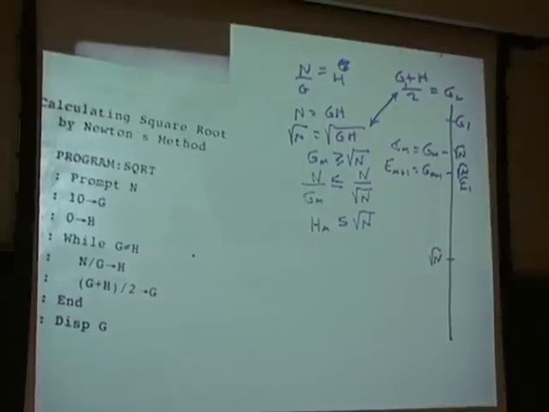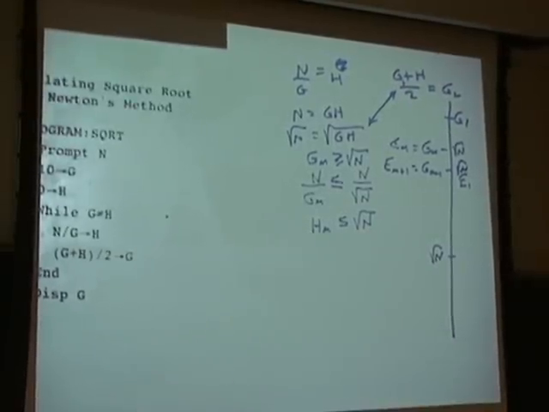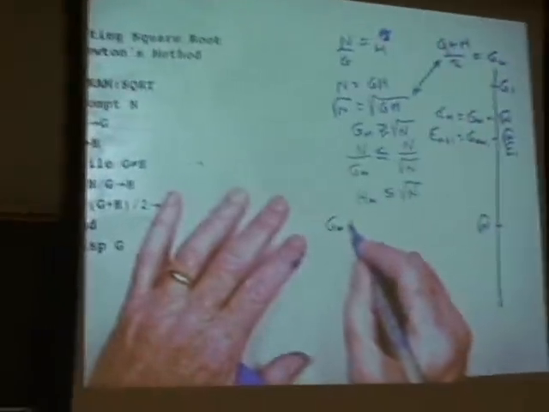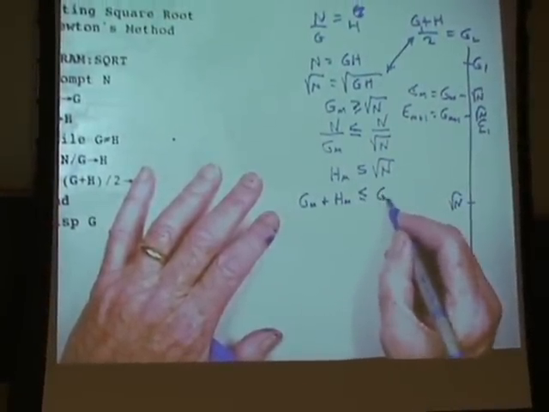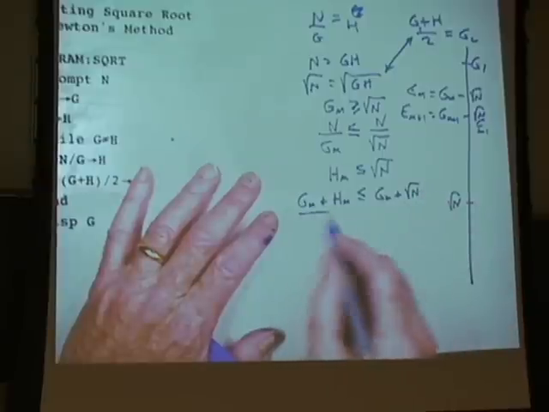All right, now let's see if we can work simply from this statement and get something like that. I'm going to add to each side g sub n, and I'm going to divide by 2.